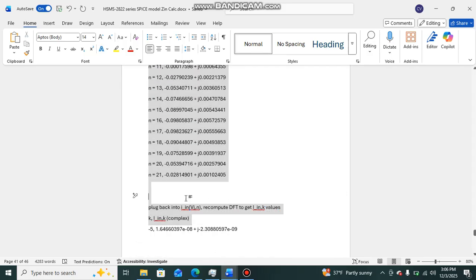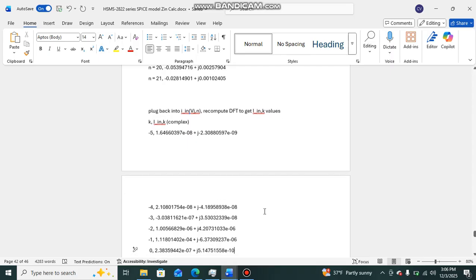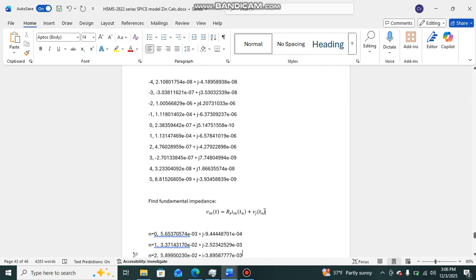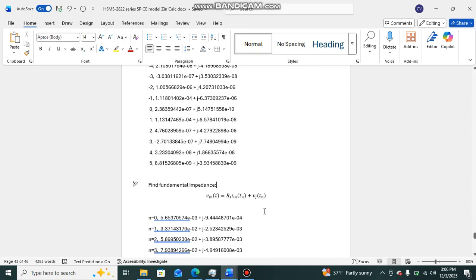And now plug back into IN, Vj of n, and then recompute the DFT to get your current in the frequency domain, which are all these equations right here. And then find the fundamental impedance.